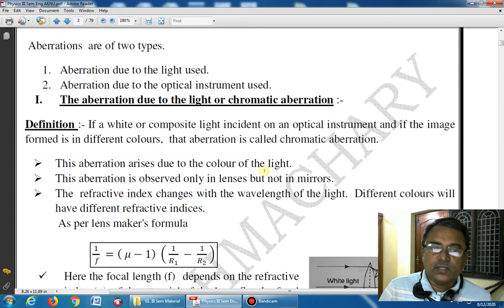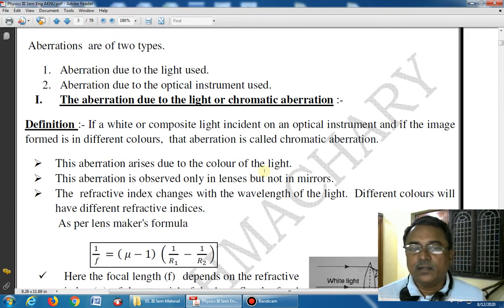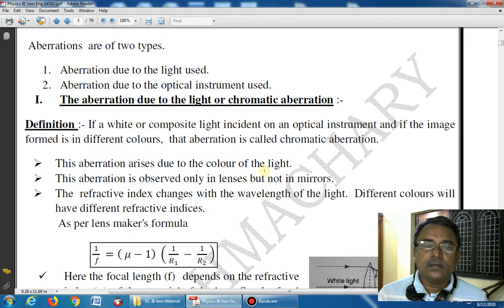That means the object is in one color and the image is in another color. So, there is a deviation in the color of the image from that of the object, and that aberration is nothing but chromatic aberration.